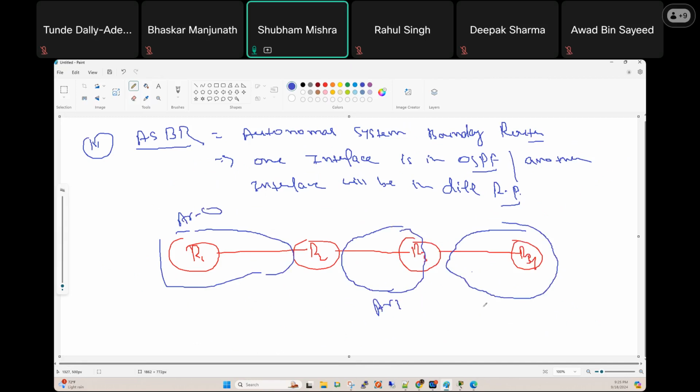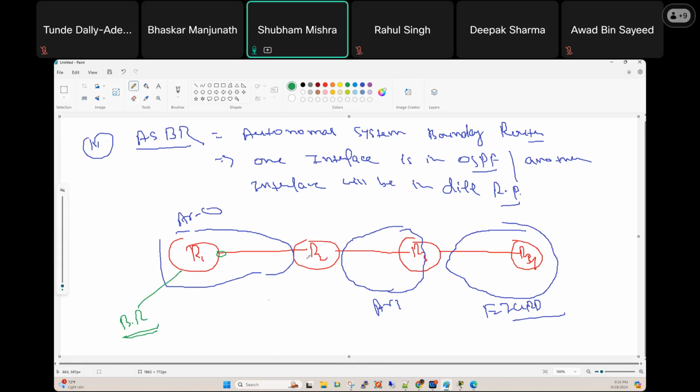Here I am running EIGRP. Now tell me, this router is called which router, guys? Backbone router, because all the interfaces of this router are present in area 0. That's the reason this is called a backbone router. Right, everyone? Yes or no?